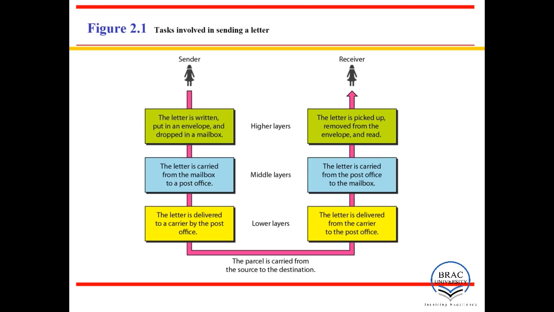And in data communications, we have this kind of similar layer concept. What we are going to do is basically, when a device is sending some information to another device, it can be a mail, it can be a phone call, or anything kind of that, where two devices are communicating, we are going to divide this communication in several steps.